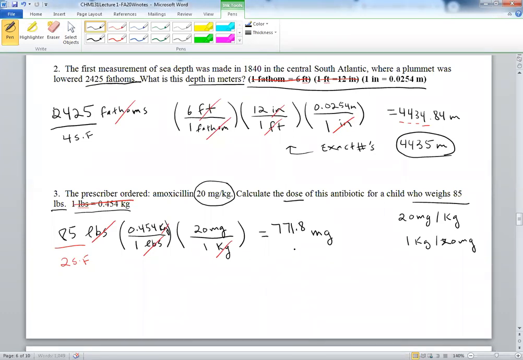Now I need two significant figures, so I'm going to, again, follow the same rules. This is my first significant figure. This is the second one, so I need to round. What comes after the 7? A 1, less than 5.